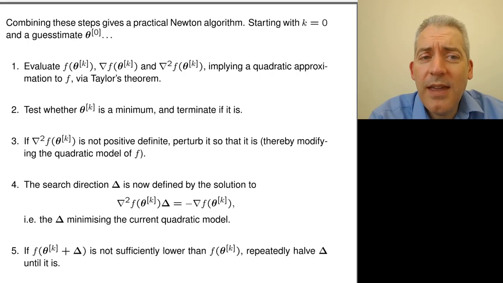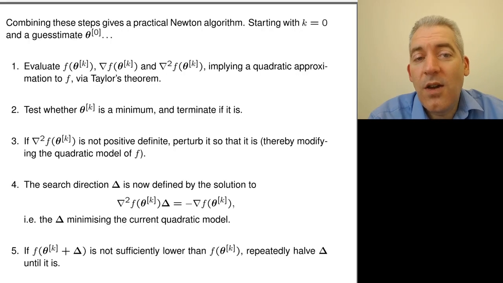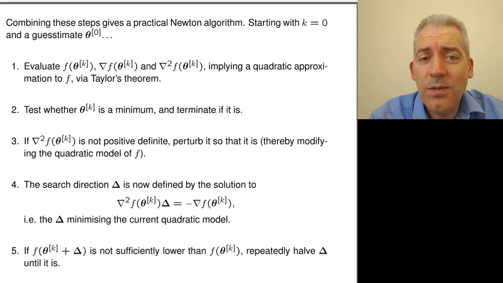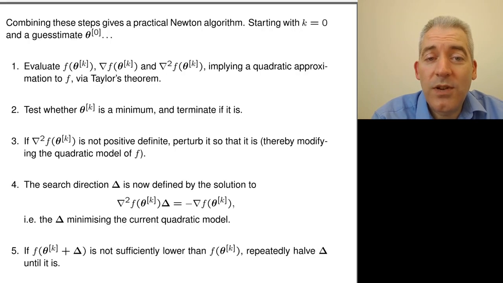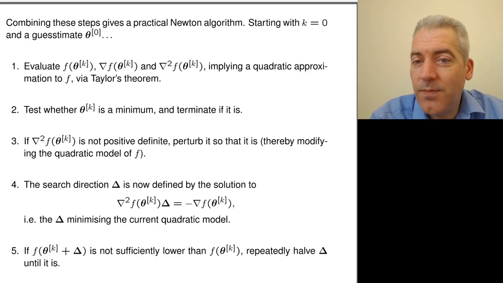So we start at k equals 0 with a guess, theta 0. We need to be able to evaluate f and the gradient of f and the Hessian of f at that current value, theta, which we're now going to call theta k. That's going to give us our quadratic approximation. We can look at the gradient and the Hessian to decide if we've already found the minimum, because if we have, we can terminate.